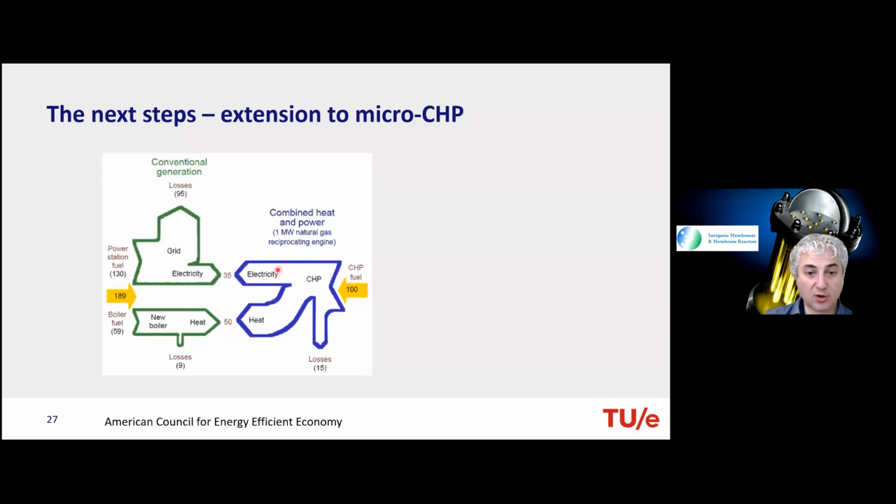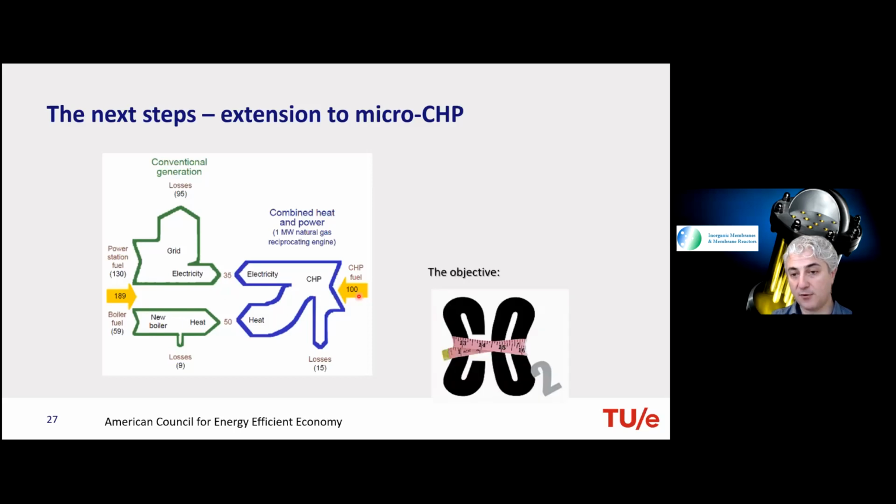This is called combined heat and power. And of course, since there are no transportation losses, the efficiency is much higher. So you use much less fuel, and if you use much less fuel, of course, less CO2. So the idea was to use combined heat and power.